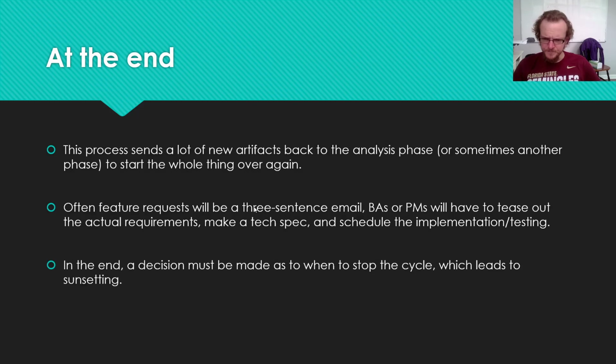Ultimately, it is management's decision, the people who have control of the company, when to stop the cycle. Typically that can be because you want to sunset the process, or because everything is low return on investment.